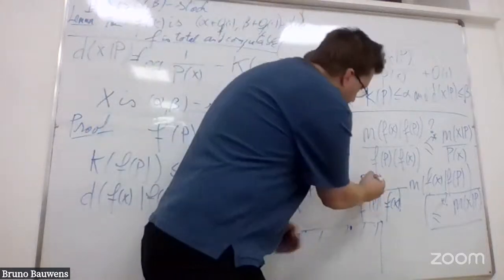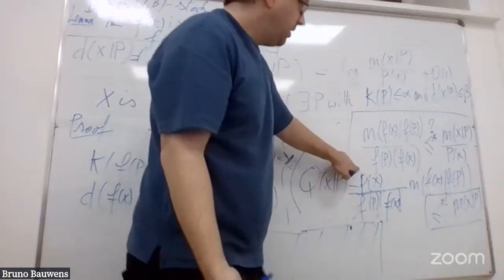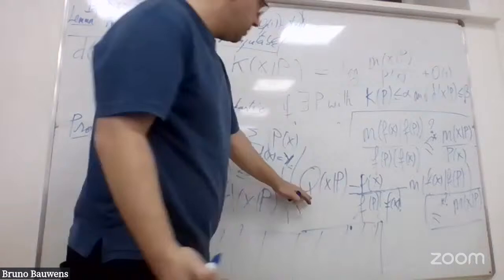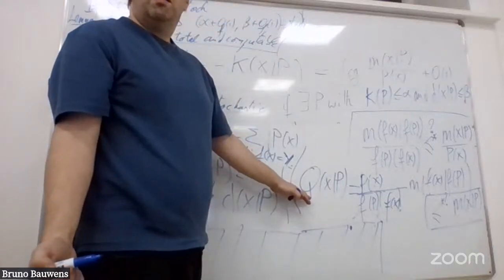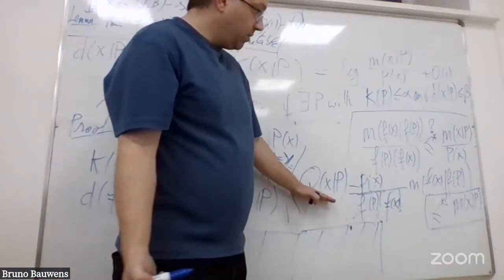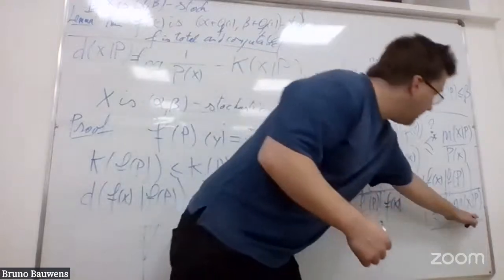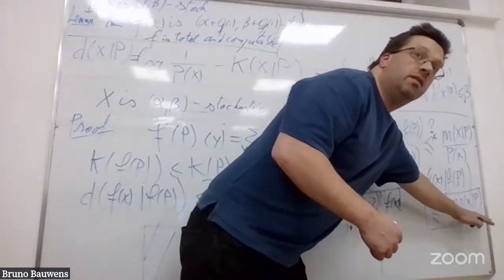All these things together ensure that this ratio is computable, and hence q is Lower semi-computable. And so since q is a Lower semi-computable semi-measure, it must be smaller up to a constant than m of x given p.